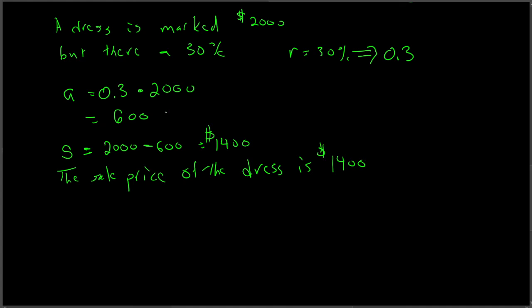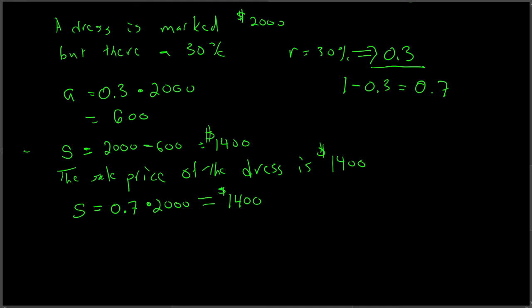If we look at it the other way, 1 minus 0.3 is 0.7, so I can say the sale price is 0.7 times the original price, and I run to my calculator. I'm going to get $1,400 also. So both of these methods work in applying a discount and getting the total cost.